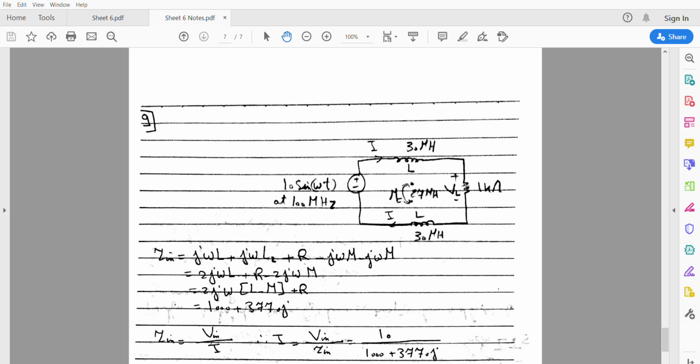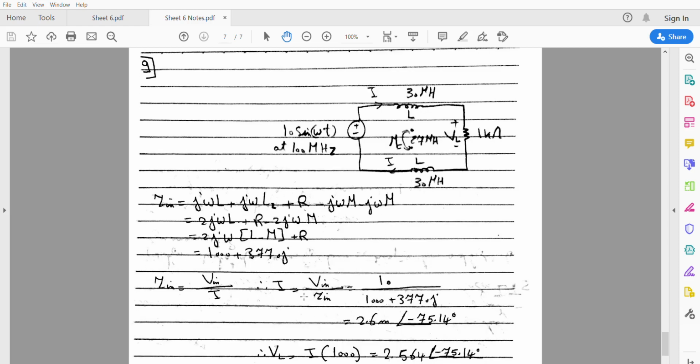But I need the value of VL. So let's get the value of the input voltage, in which the current is equal to the input voltage over the input impedance. The input voltage is given by 10 sine omega t. Omega is equal to 2 pi f, and the frequency is given as 100 megahertz. So the current is equal to 10 over the input impedance, 1000 plus this value.